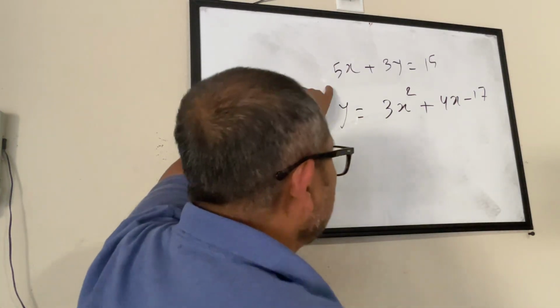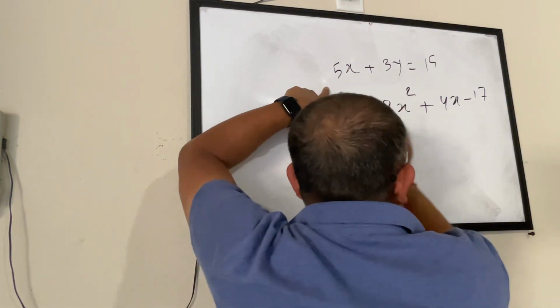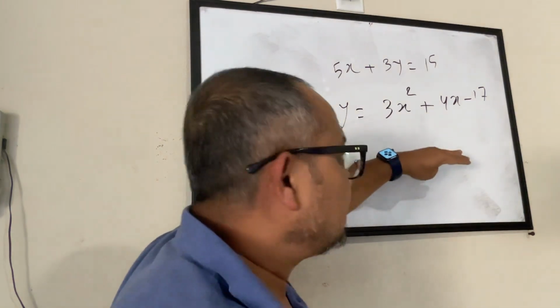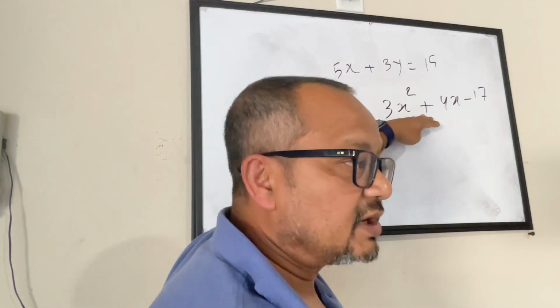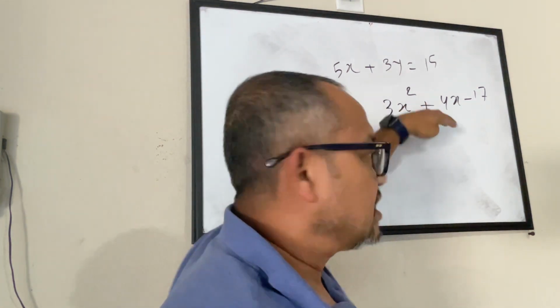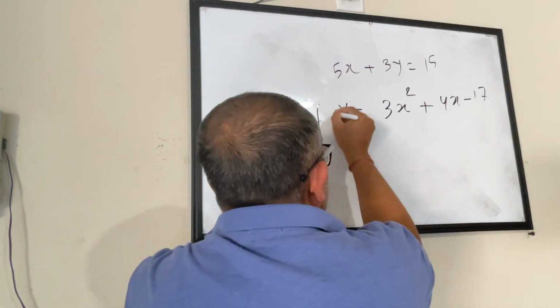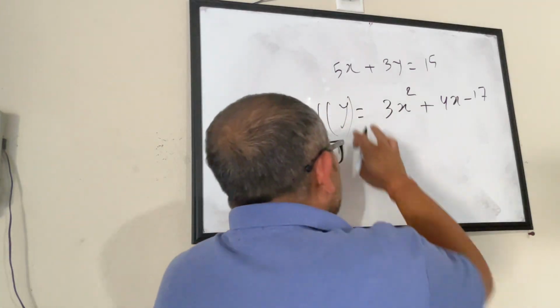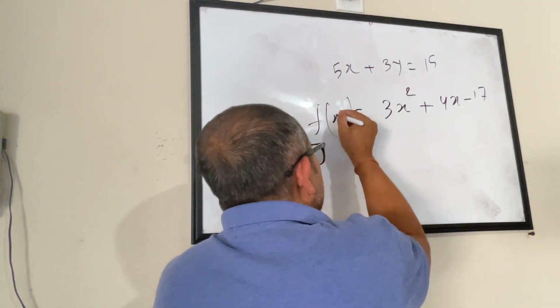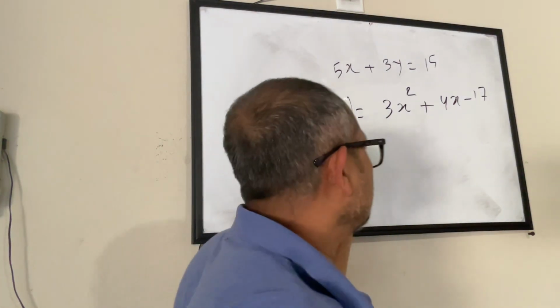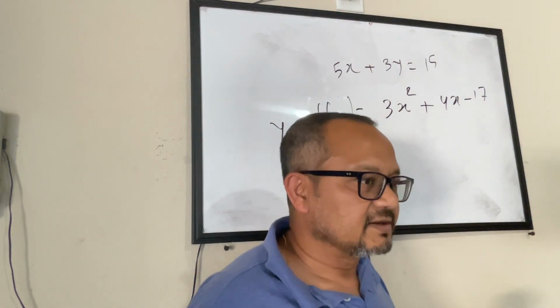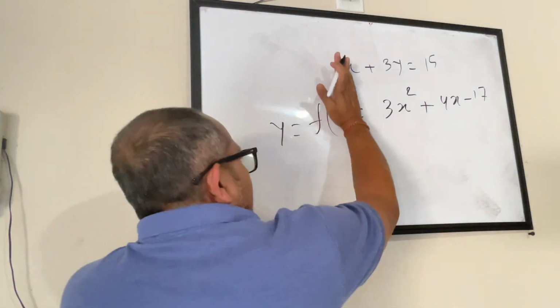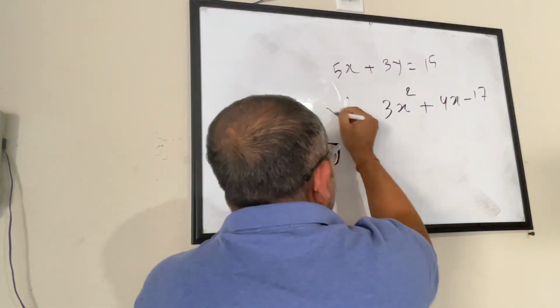What do we see here? Here also I have two variables, y and x, and the maximum power of the variable is 2. I can also say that this is not a linear equation, it's a function. y as a function of x, like this. Or keep everything aside. Let's say this, y equals this.